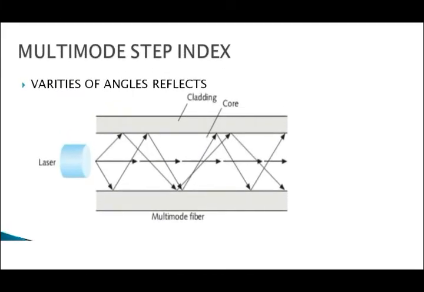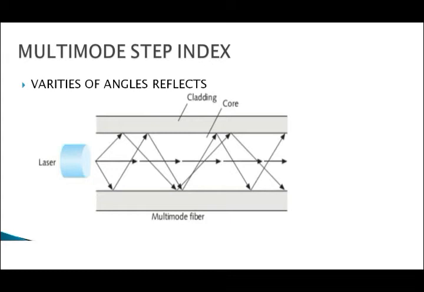Multimode. It refers to varieties of angles that reflects and multiple propagation paths also exist. Here in a core, different types of angles are reflecting, many signals are propagating in different ways.